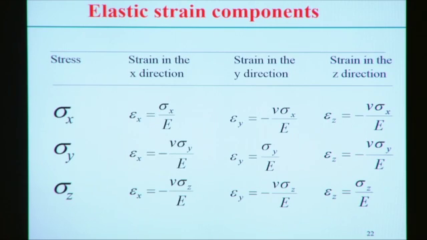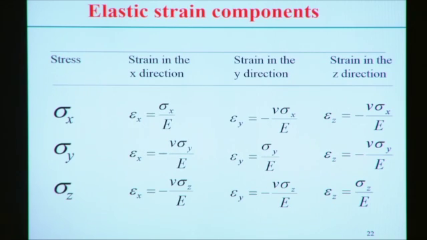Now if you look into the tabulated form, the stresses acting are sigma x, sigma y and sigma z, but what are the components of the strain acting in the x direction, in the y direction, and in the z direction?